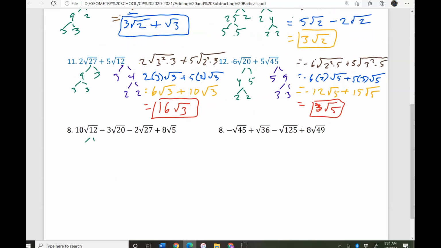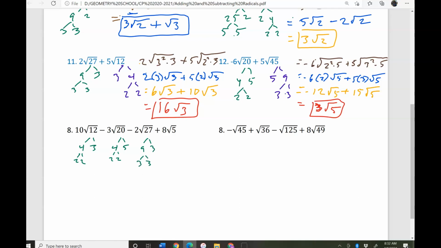So, this gives us, I know this is 4 times 3, which is 2 times 2. I know this is 4 times 5, again, which is 2 times 2. I know this is 9 times 3, and this is 3 times 3.